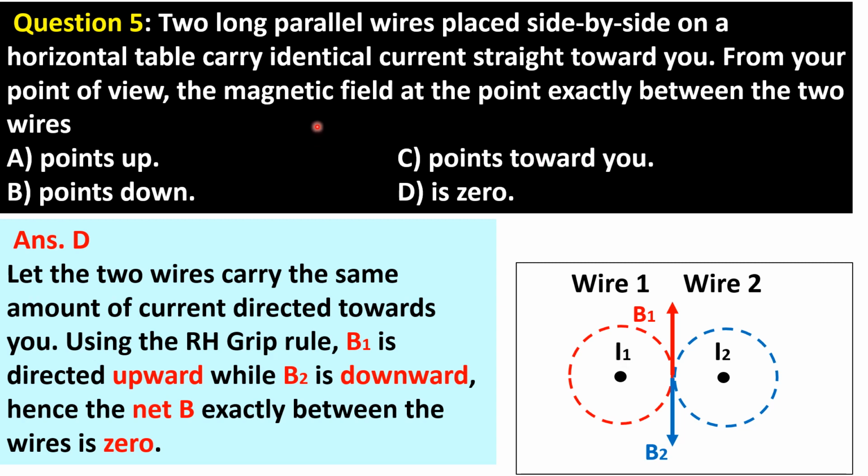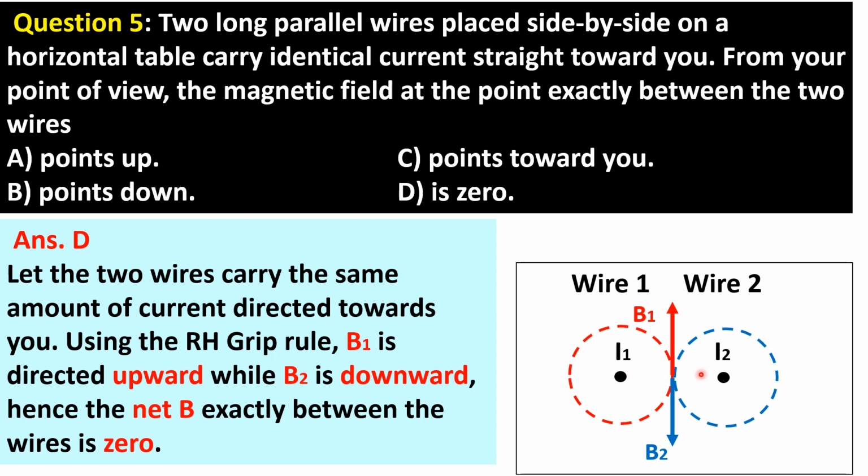The magnetic field is what we are looking for. The current is towards you. It says here, current straight towards you. So I sub 1 is the current passing through wire 1. Since the wire is positioned perpendicular to the screen, the direction of such current is towards you.